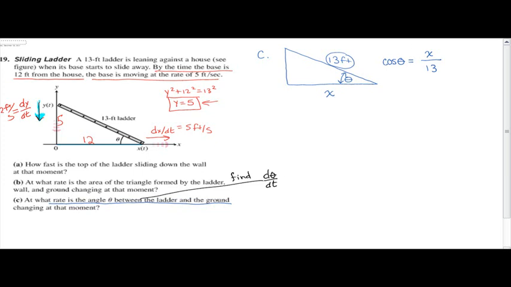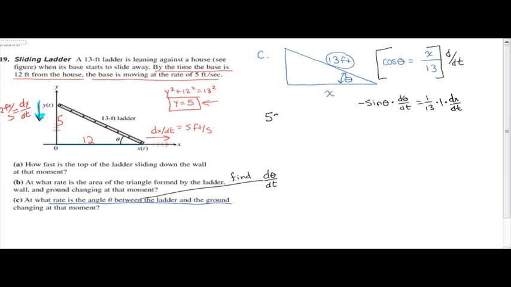So in order to introduce a d theta dt into the problem, I need to differentiate everything with respect to time. And as I do, the derivative of cosine is negative sine of theta times d theta dt, because we're taking the derivative with respect to time, equals 1/13 x to the 0 now, or just 1/13 times 1 times dx dt.